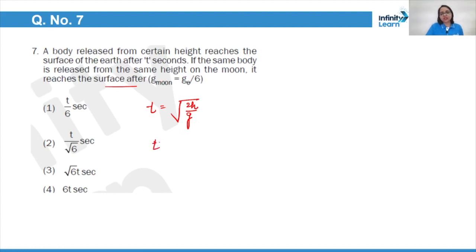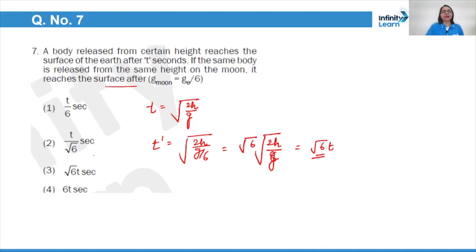So t dash, that is the time on the moon, will be under root 2h upon g by 6. So you can write it as under root 6 times under root 2h upon g, right? And under root 2h upon g is what? t. So it will be under root 6 times t. So time taken by the particle to come back to the surface of the moon will be root 6 times t, which is option 3.